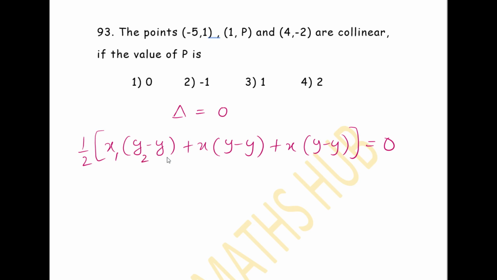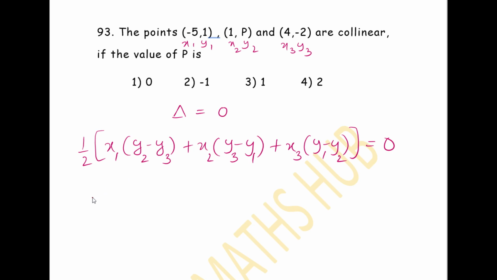Consider this as point x1 y1, this as x2 y2, and this as x3 y3. Half into cross multiplying, it will be 0.